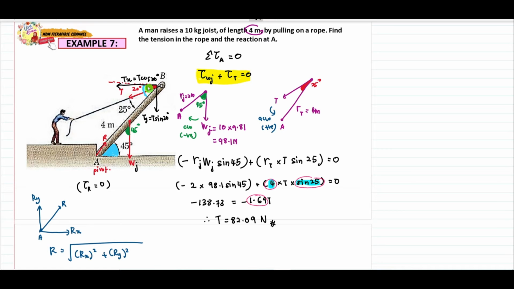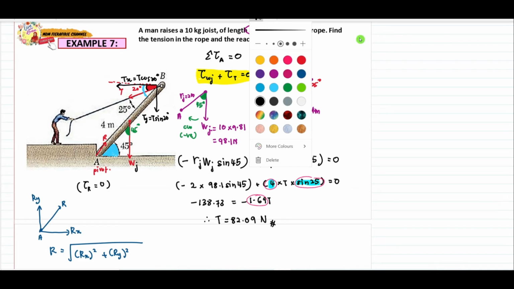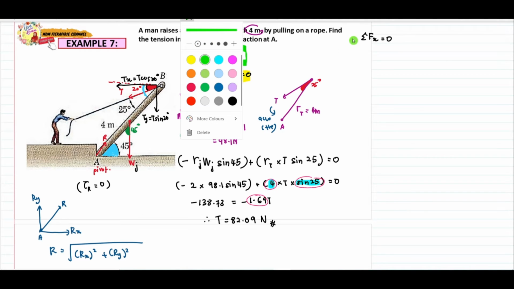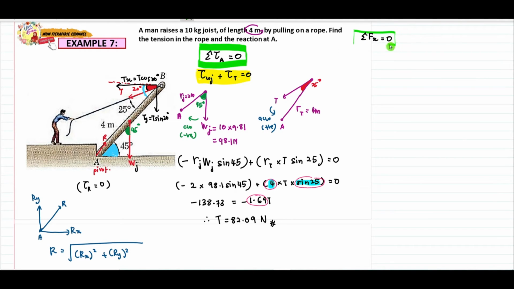So we have to resolve into X and Y components since we want to use another concept, the equilibrium of rigid body, where total force in X component is equal to 0. Earlier we already used the torque. Okay, so now we will use this one. Total Fx is equal to 0.